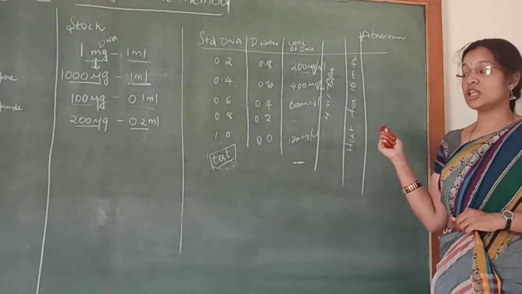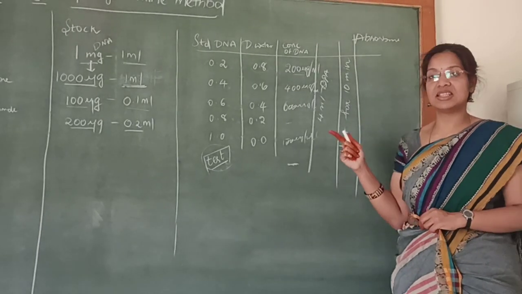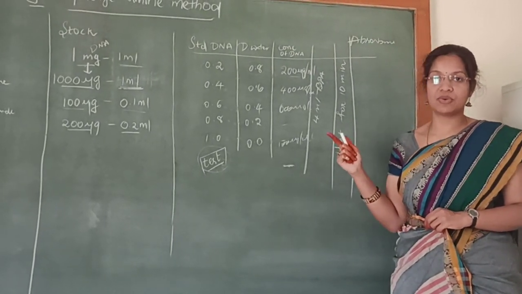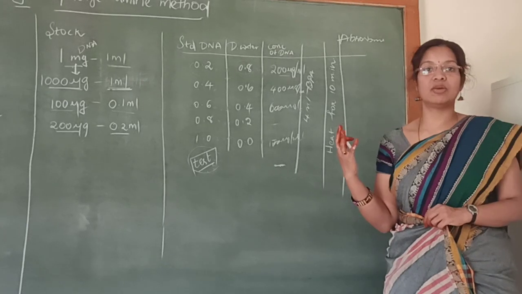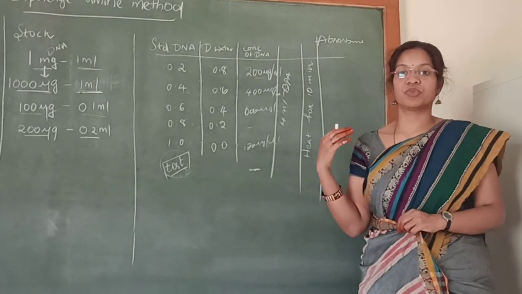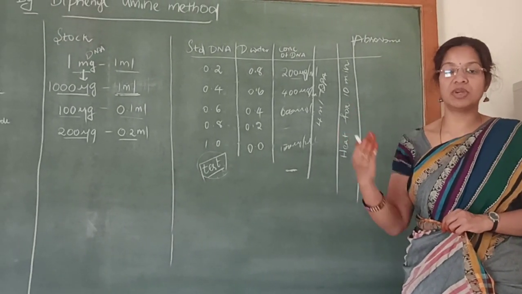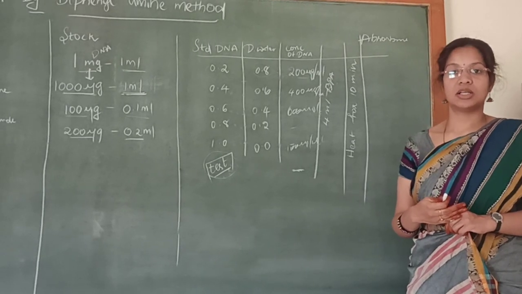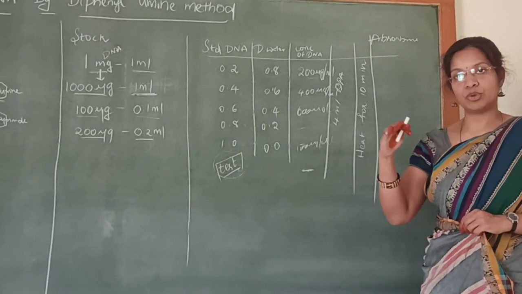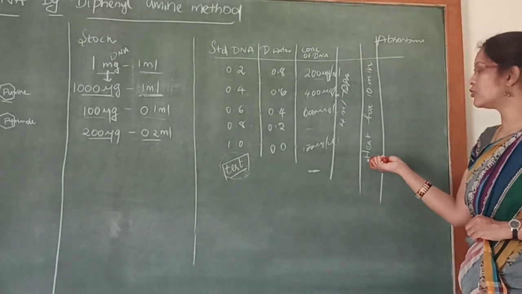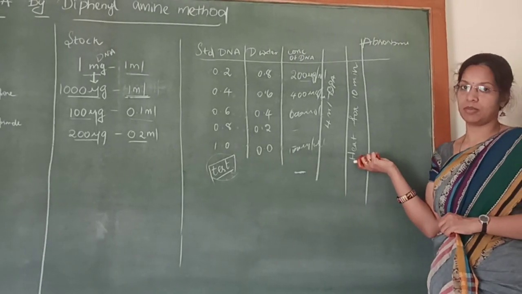This is because, as I told you already, you have acid present in the diphenylamine reagent which can get evaporated, or some volume can escape in the form of fumes. So you have to cover it while you heat it for 10 minutes in a boiling water bath.